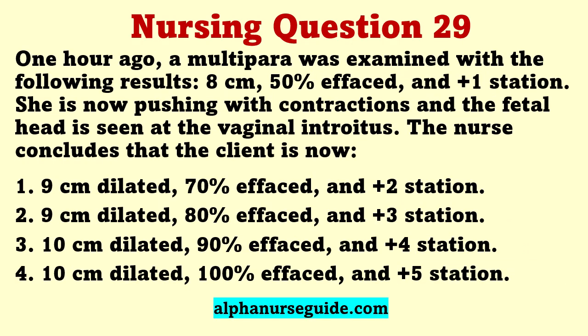One hour ago, a multipara was examined with the following results: 8 centimeters, 50% effaced, and plus 1 station. She is now pushing with contractions, and the fetal head is seen at the vaginal introitus.